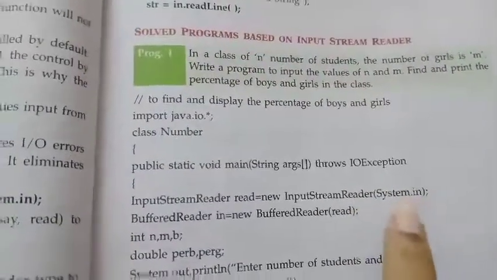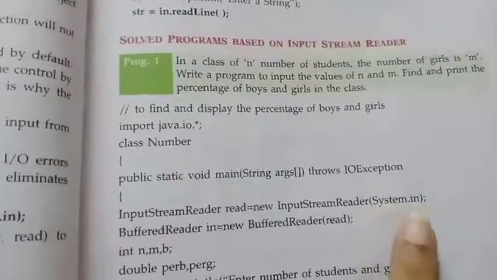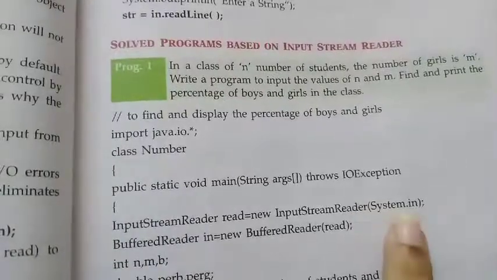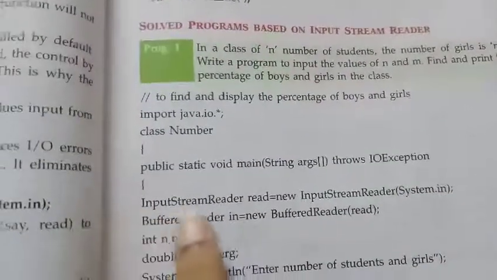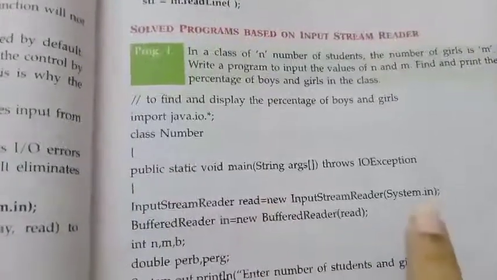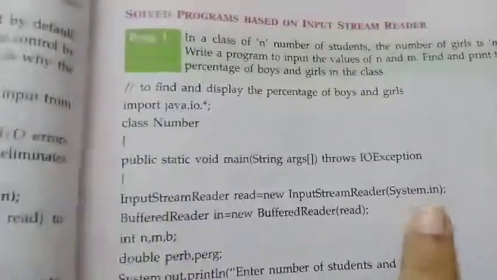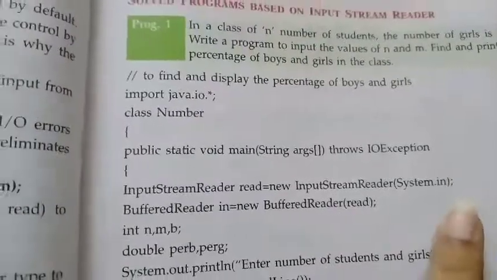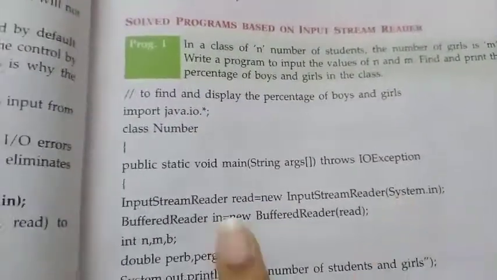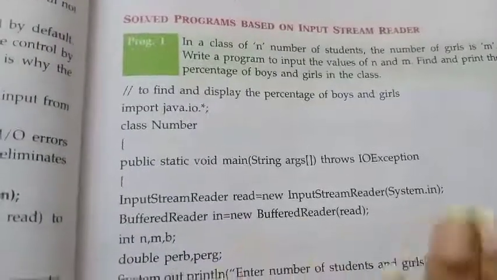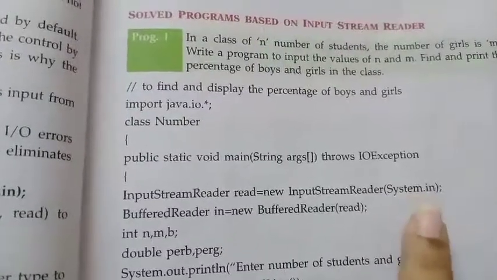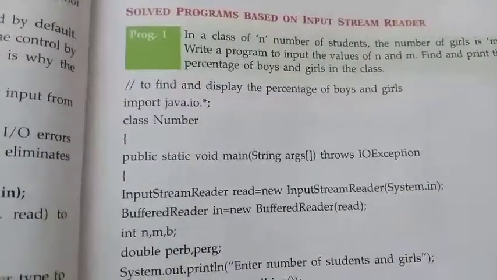Without System.in you cannot read data from any device, so System.in is very important here. InputStreamReader is the class that reads the input from either the keyboard or a file. But here we will use only the keyboard, so just forget about the file. Keep in mind, this System.in is only for reading the data from your keyboard.